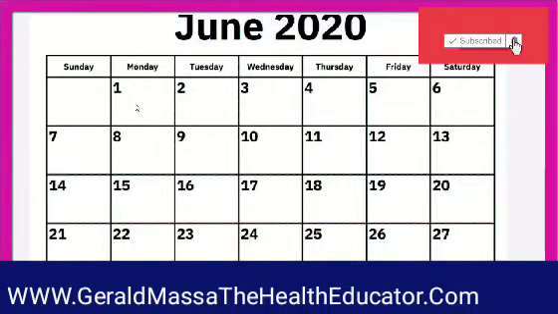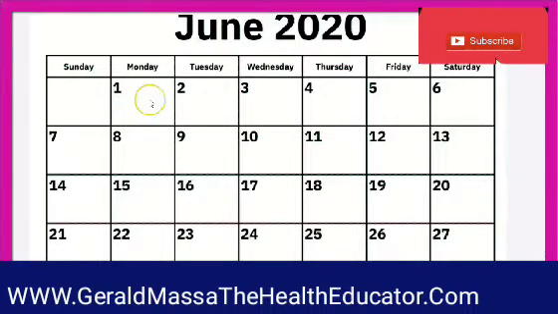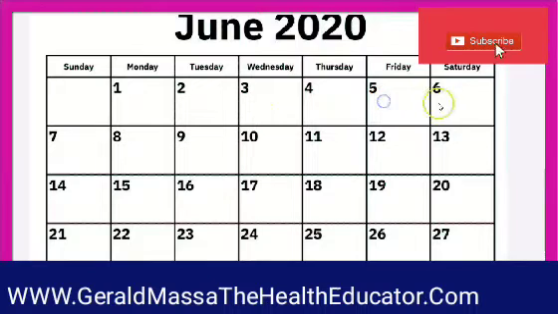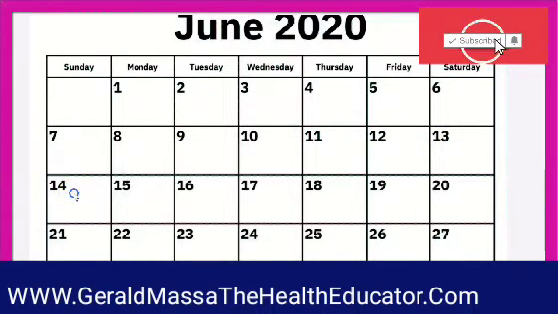We shall go and do it practically. Assuming you saw your periods here, this is the first day you saw your periods, that is Monday the 1st. So we are going to count and say 1, 2, 3, 4, 5, 6, 7, 8, 9, 10, 11, 12, 13, and 14.